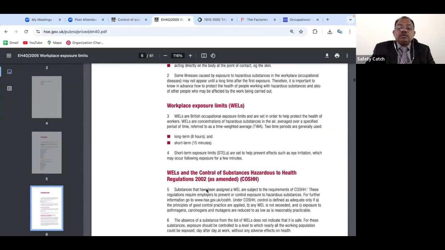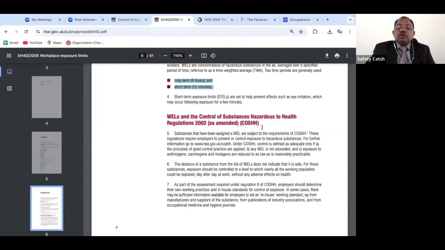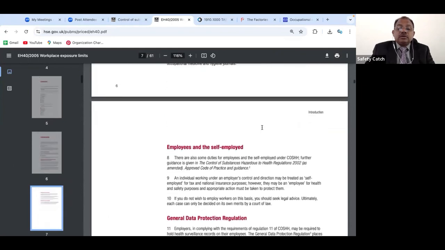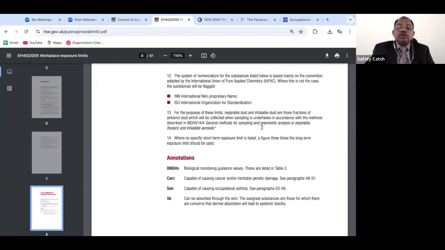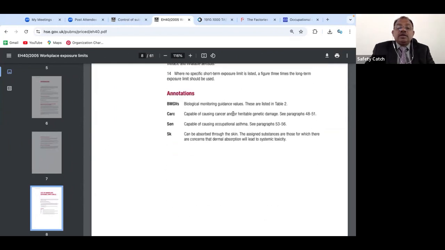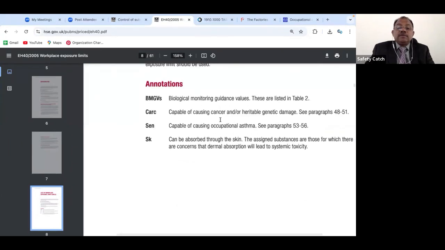They say long term is for 8 hours and short term is for 15 minutes, as per the guidance of the regulations, and who is affected. And some abbreviations you need to understand, some notations. You can see the annotations here.